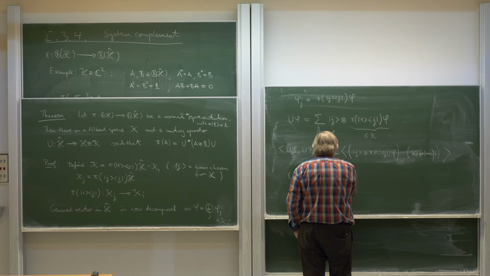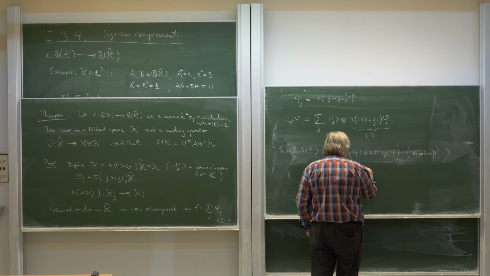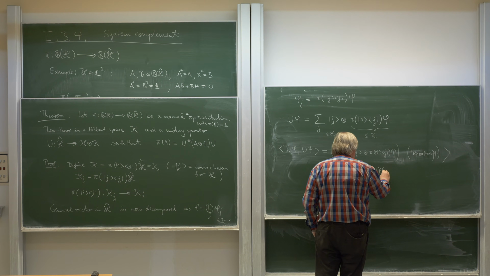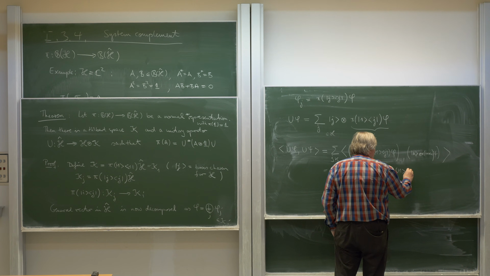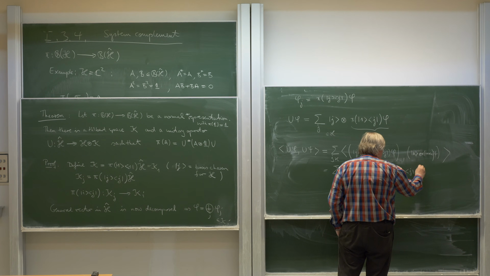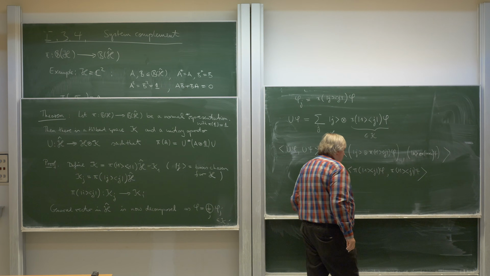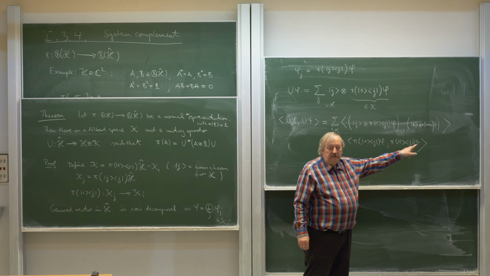And then we have a sum over j, scalar product of pi of 1j, pi of 1j, sum. Okay? Now, of course, we take the adjoint here.